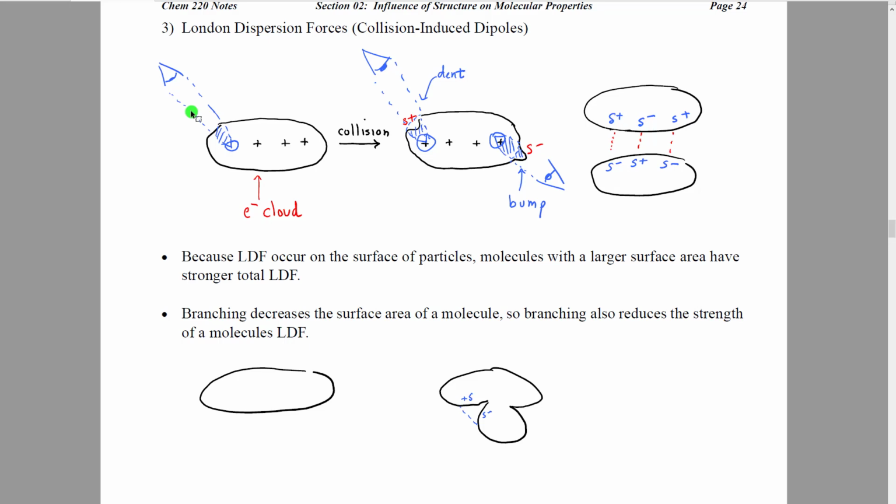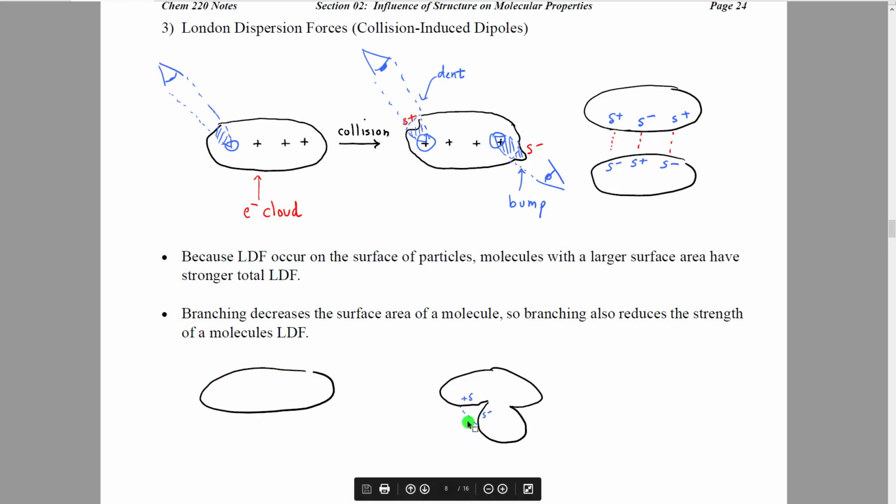The other thing to notice is that branching decreases the surface area of a molecule. Now, this is a really terrible drawing trying to represent this, but if you imagine you took this molecule, cut the end off, and put it right here, so that the rest of the molecule would be right there, it would look like this mushroom shape. Before we cut it apart, we had all of that surface area.